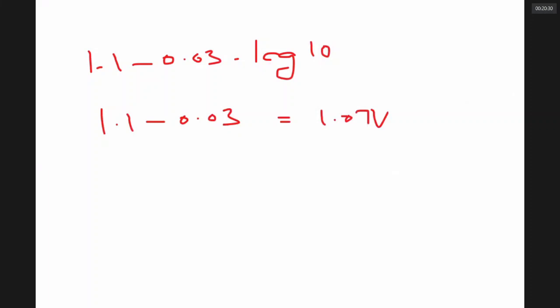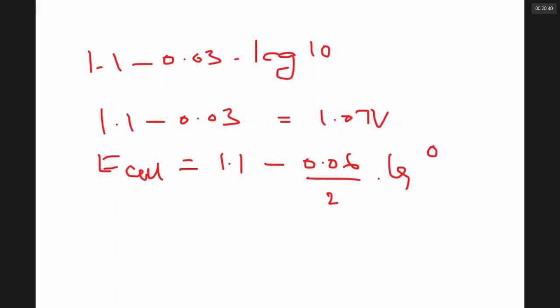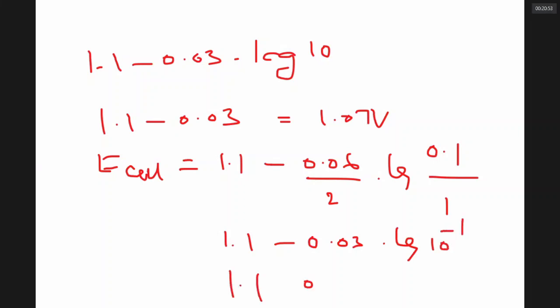Suppose you do the reverse operation. E cell is equal to E0 cell minus 0.06 by n into log of product ion concentration, you put 0.1, and the reactant ion concentration. Then it will be 1.131.